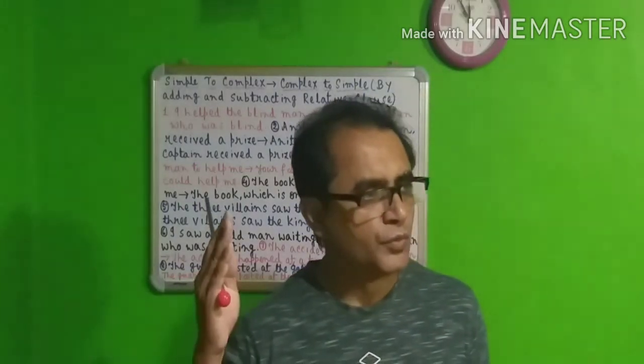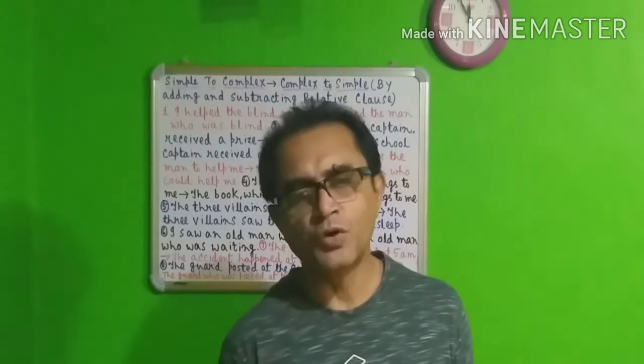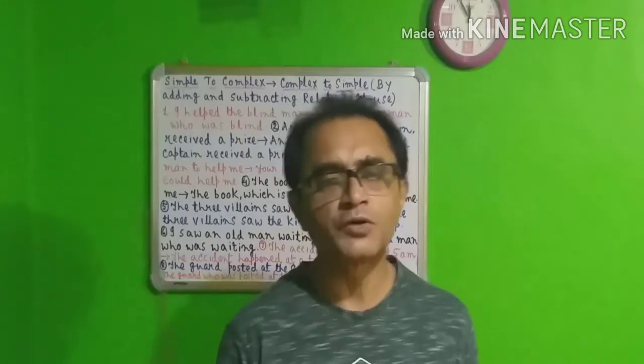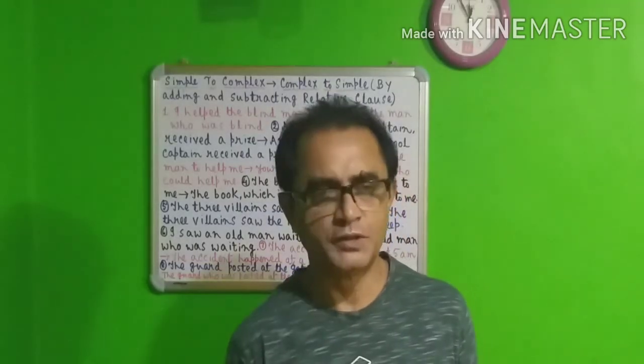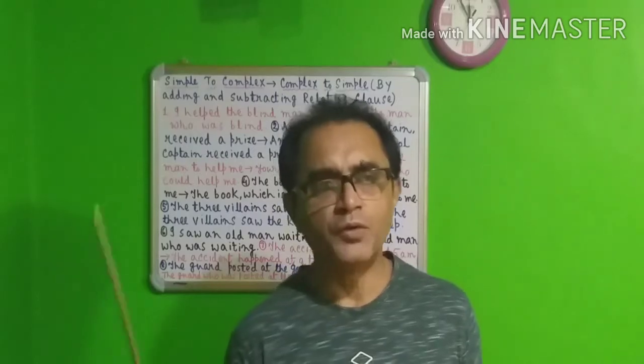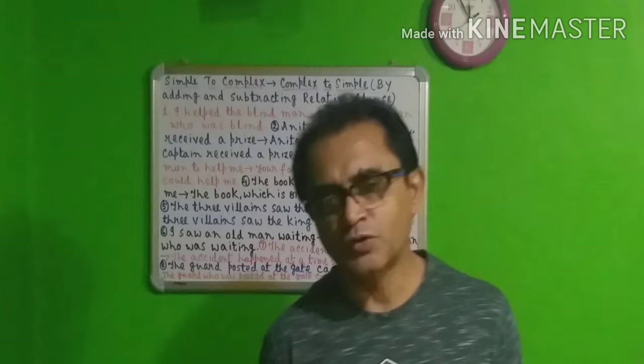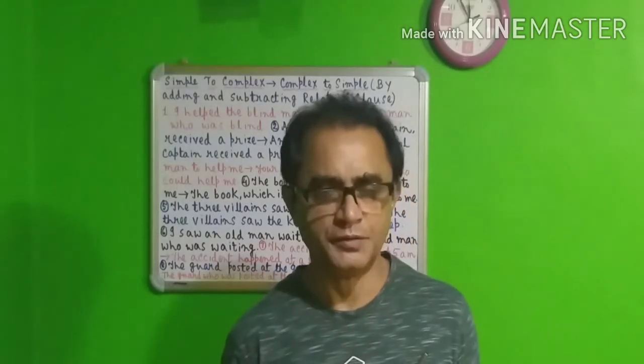Now, when we make a complex sentence, as I told you, the subordinate clause has three parts: relative clause, noun clause, adverb clause. With the help of one main clause and one subordinate clause, a complex sentence is made.